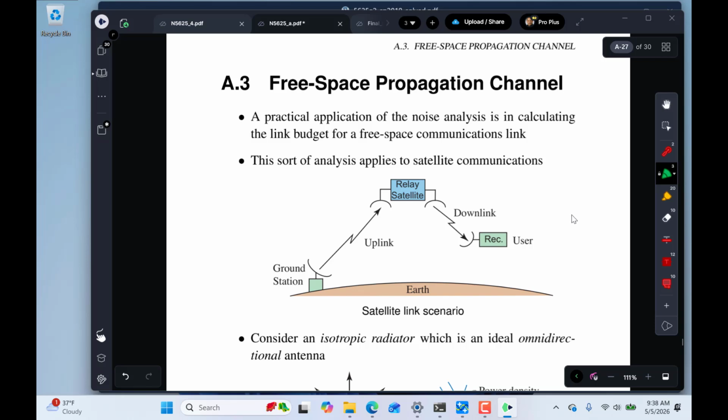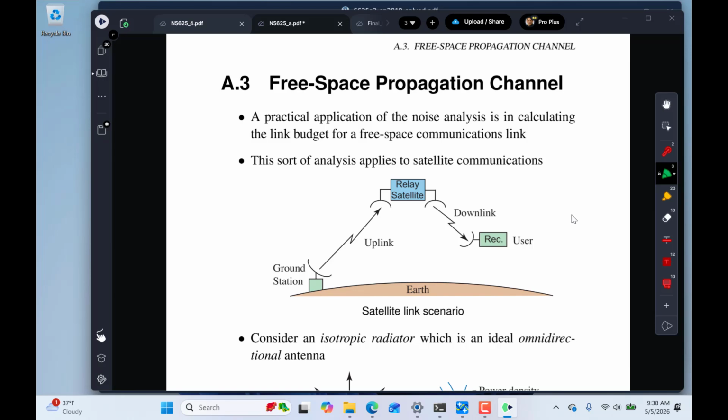The next thing is to now put an antenna on the system and look at the physics of the antenna. So free space propagation is what this last little bit is. And this is kind of like I said, the frosting on the cake. We have a ground station, we have a receiver, we have a satellite relay.